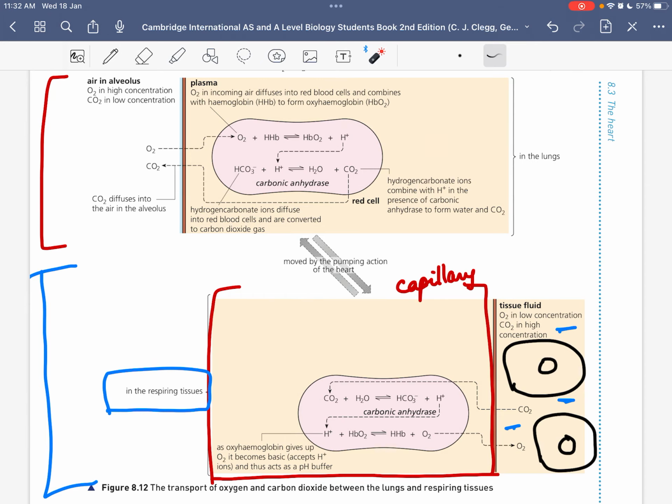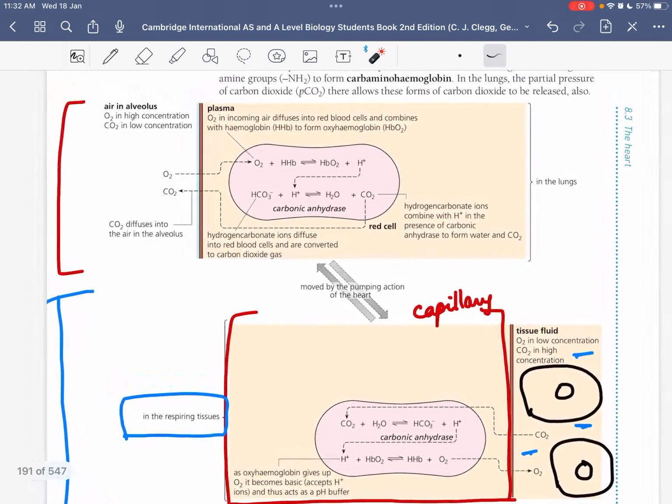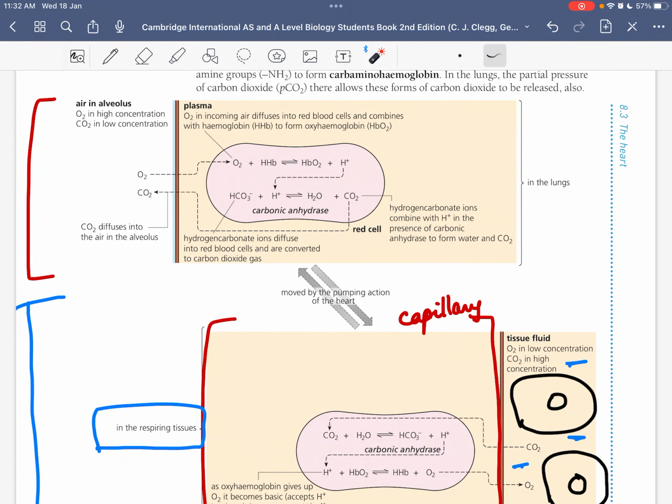Okay, let's see what's happening inside the lungs. Now in the lungs, again, where are we? This is your capillary, the alveolar capillary, and we have the same kind of capillary in the lungs as well, right? And this is the air in the alveolus. So this means that we've done gas exchange.